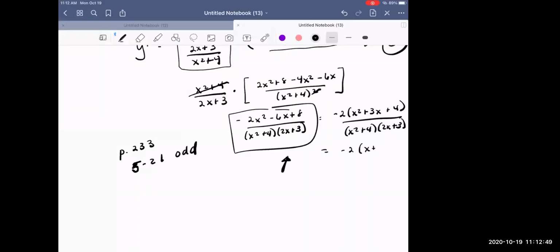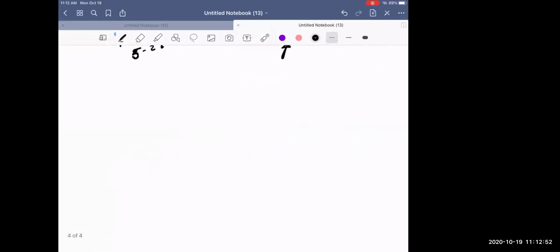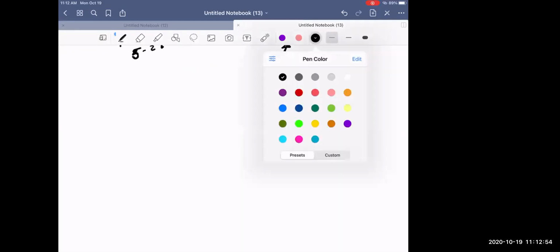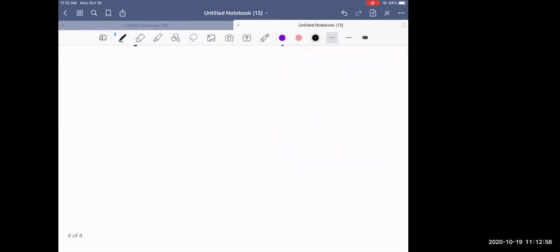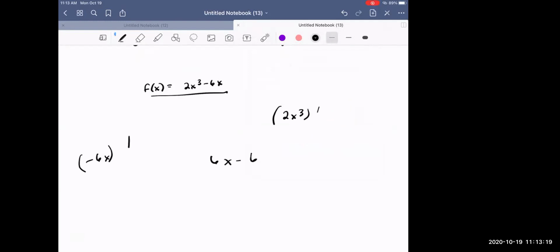Here we go. So what I'm seeing is, number one, you're not writing down the original problem, and you need to do that. For example, if f of x is equal to 2x cubed minus 6x, I don't see this. That's problem number one. The other problem is, somewhere over here, I see this. That's really bad.